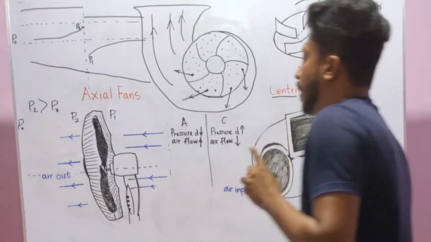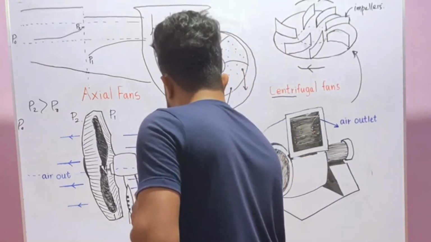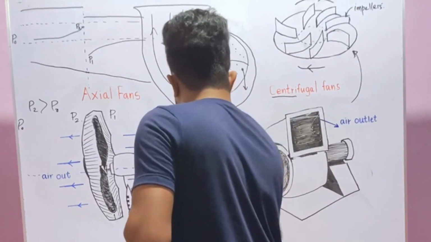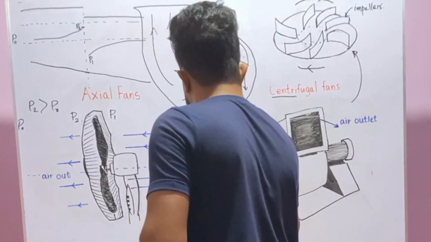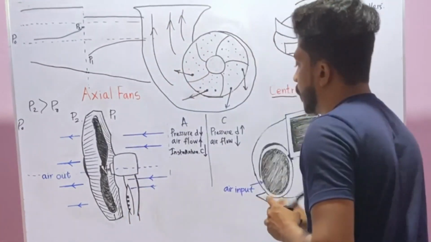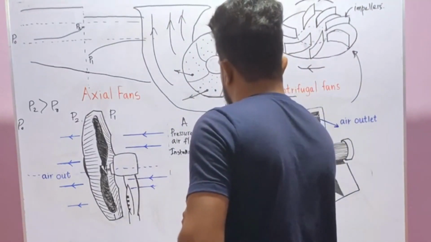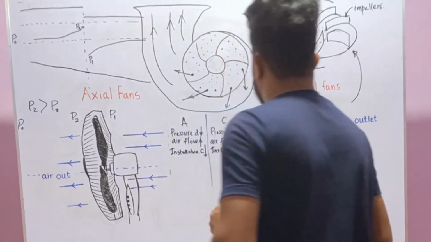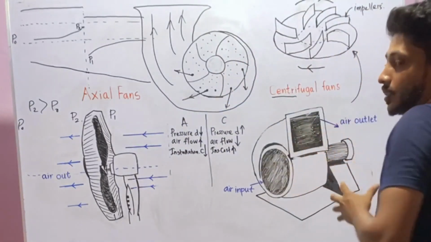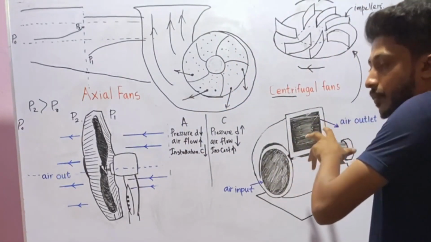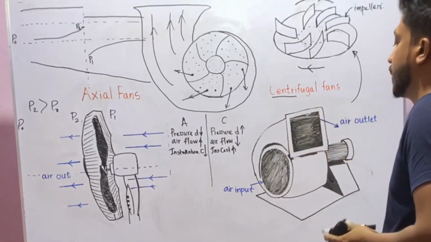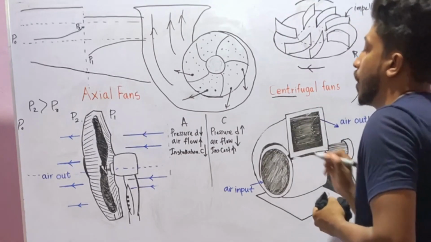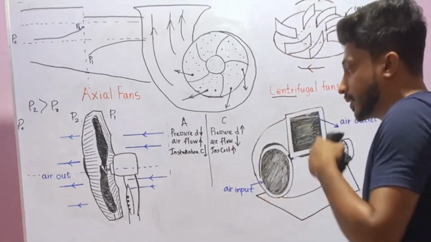Okay. How about the installation cost? Installation cost is lower than for a centrifugal fan. Why? There are several components for a centrifugal fan. There should be a casing, and if there is a duct system, installation cost is high.